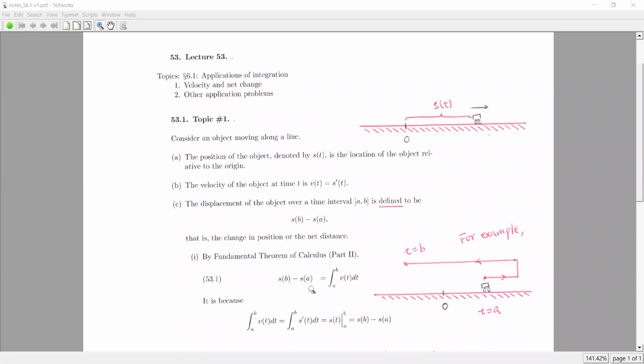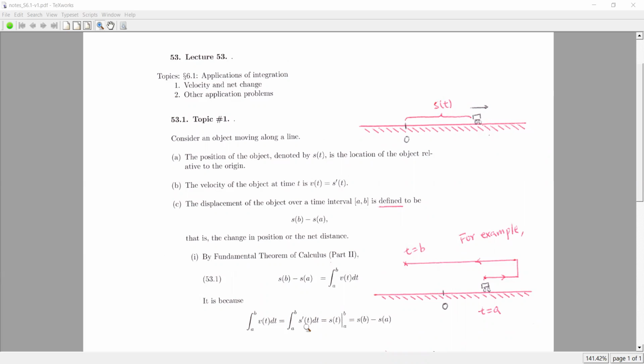The formula to compute the displacement is this formula. Take the integral of velocity from A to B, then we get displacement. It is because velocity is the derivative of position. So the integral of velocity is equal to the integral of the derivative of position.